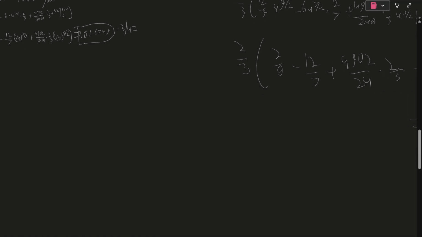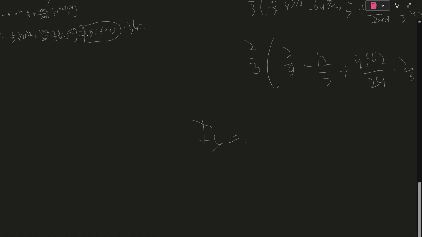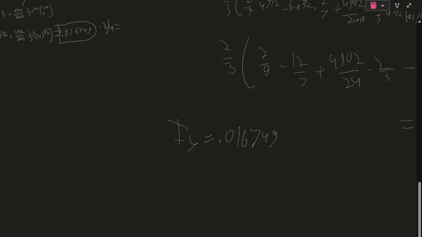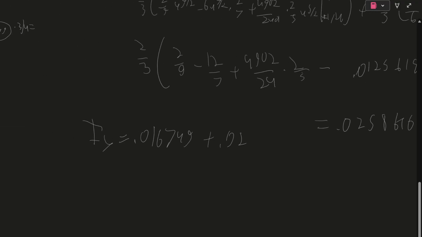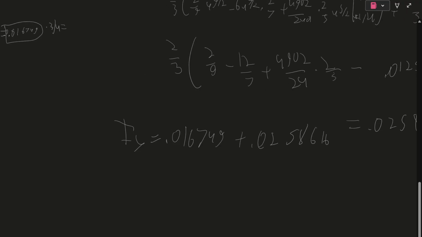So we have our total I sub y is equal to 0.016749 plus 0.0258616, which brings us to a moment of inertia about our y value of 0.0426106.